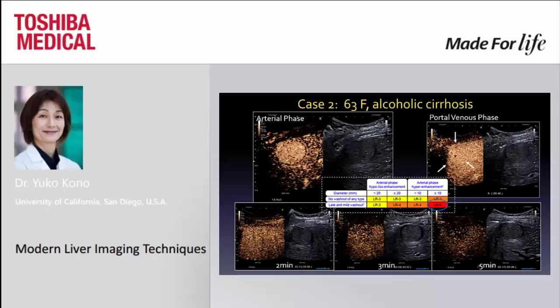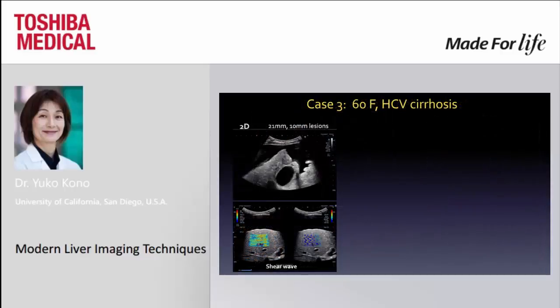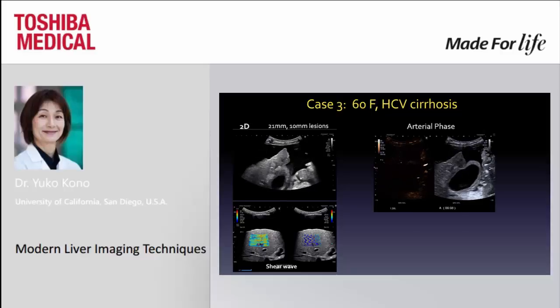Another case, hepatitis C cirrhosis, a lot of ascites. There are some lesions. Right here you can see 2 almost isoechoic lesions. By the way, we also did the shear wave, and despite the presence of ascites and cirrhosis, we could get a nice measurement. And then we, of course, injected the contrast. There are 2 lesions.